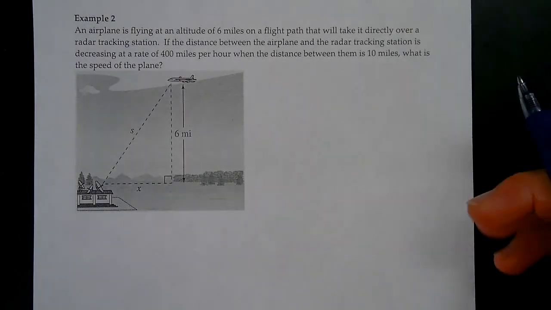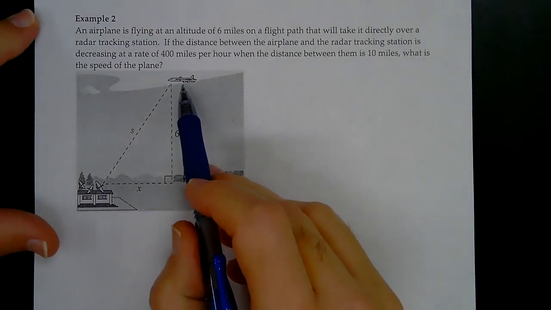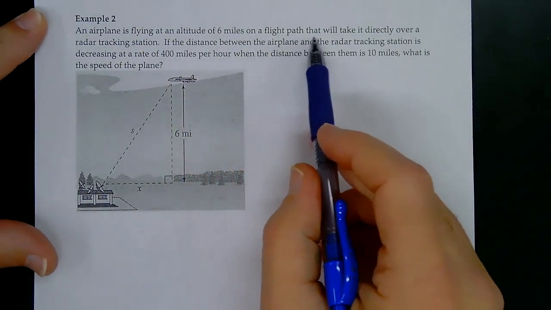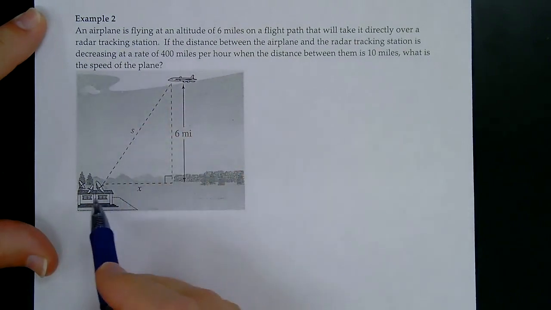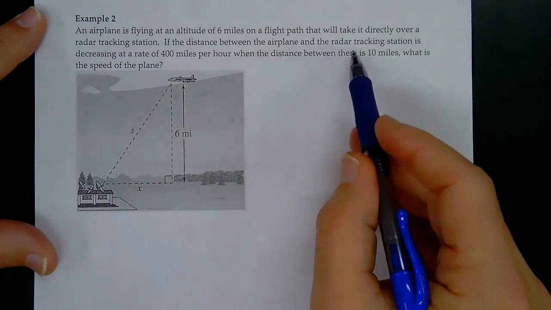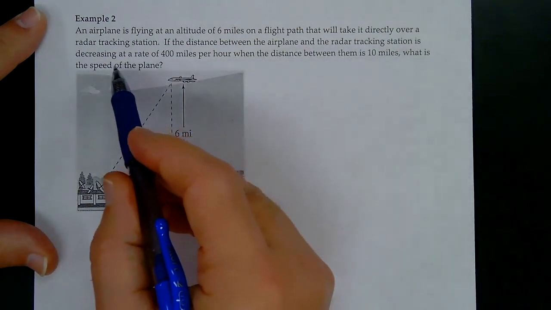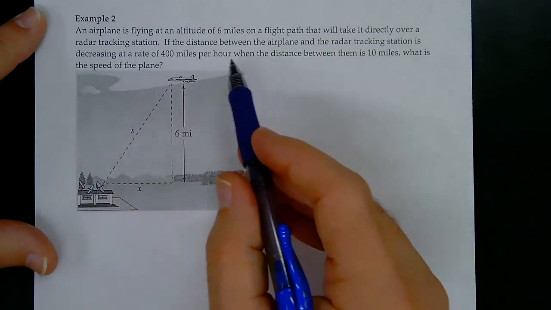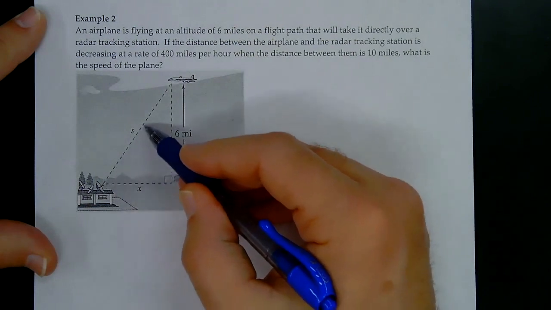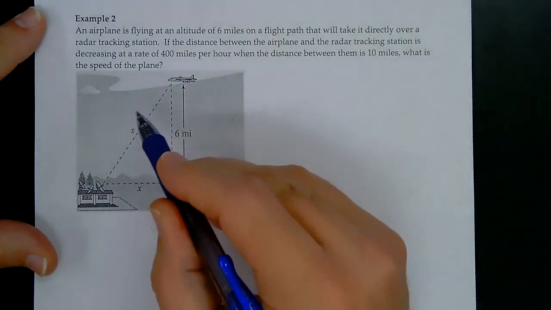So for this next problem, we have an airplane, which is right here, and it's flying at an altitude of 6 miles on a flight path that takes it directly over a radar tracking station. So right here's my radar tracking station. The distance between the airplane and the radar tracking station is this S. We're labeling it S because it's changing.